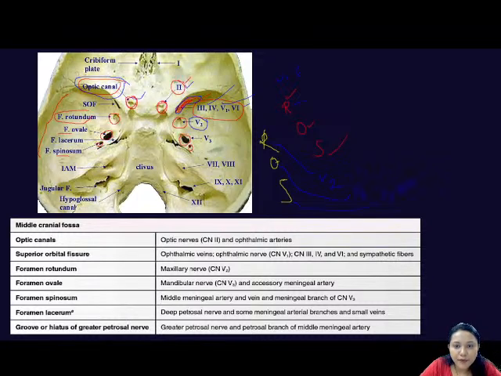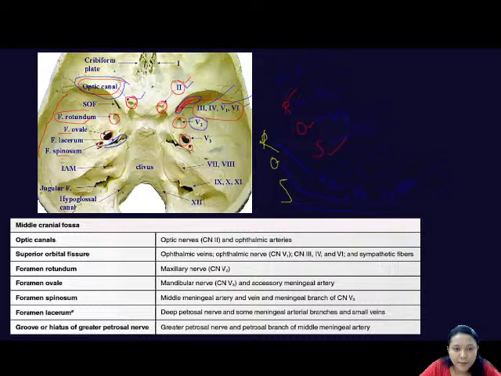In rotundum you have V2, in oval you have V3, and in spinosum you have a recurrent branch of V3. Then we have another foramen, that is foramen lacerum, whose borders are lacerated. And then you also have a hiatus for the greater petrosal nerve.